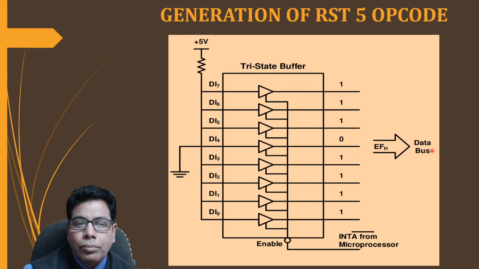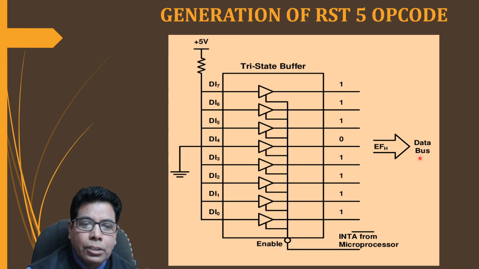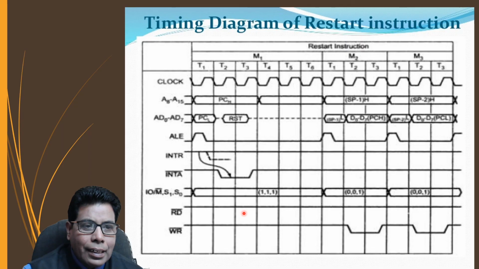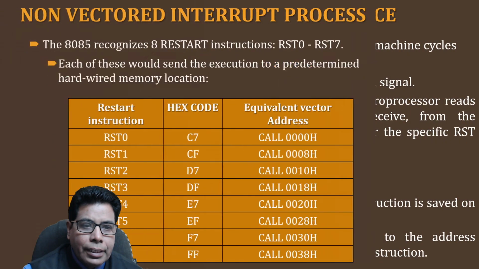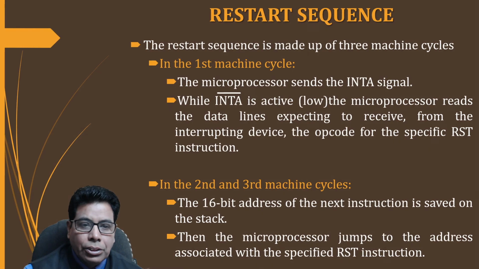Then the microprocessor saves the content of PC in the stack and jumps to location 0028, because of the table we have seen. If I go back, we can see it: RST5, the code is EF and the location is 0028. So it will go to this location.